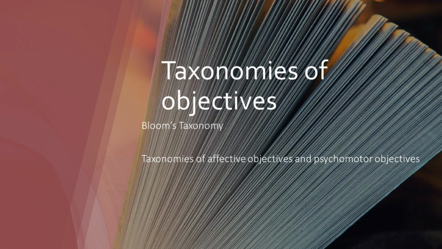Now, let's think in terms of the different taxonomies of educational objectives. When educators have proposed taxonomies of educational objectives, they tend to focus on one of three areas or domains of psychological functioning. Either the student's cognition, their thought, students' feelings and emotions, their affect, or students' physical skills, their psychomotor abilities.